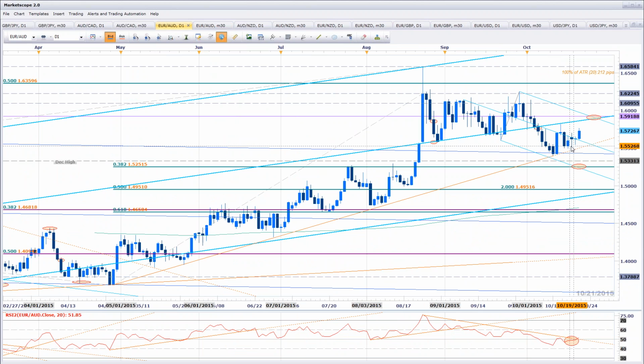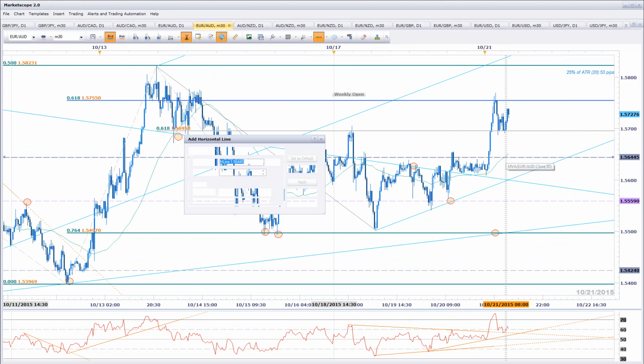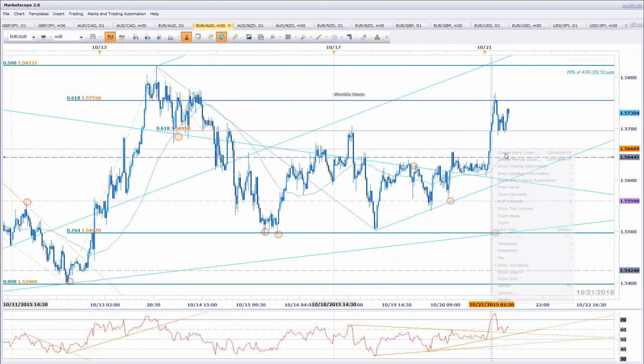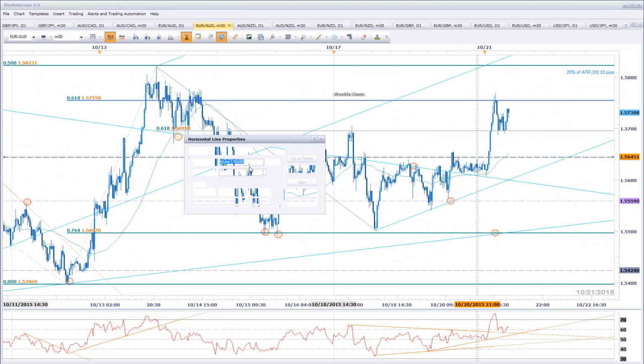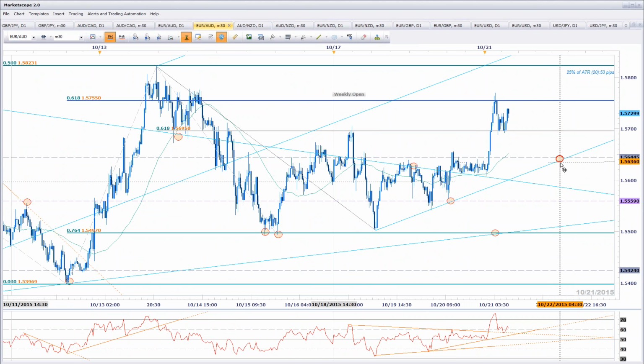The weekly open comes in at 156.45. Sorry, guys, I'm just going on the fly here. 156.45. Okay, this is the weekly open. And so with that, we'll put our near-term bullish invalidation level right around here.